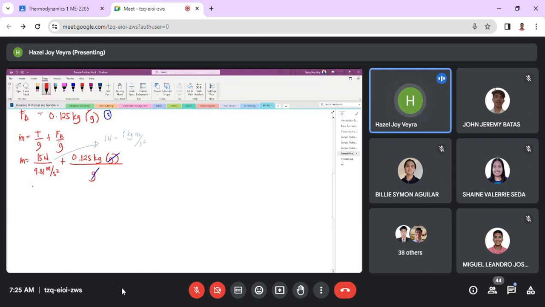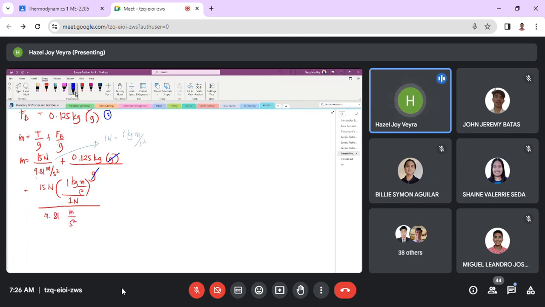So let's substitute: 15 Newton times 1 kilogram meter per second squared over 1 Newton, all over 9.81 meter per second squared.